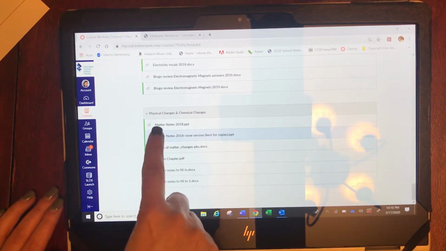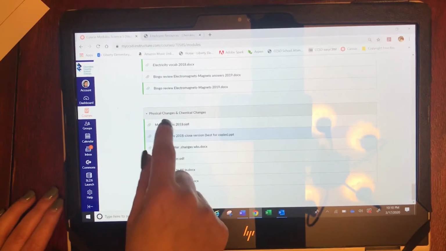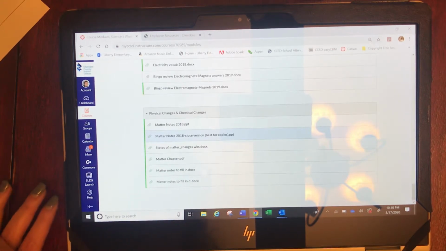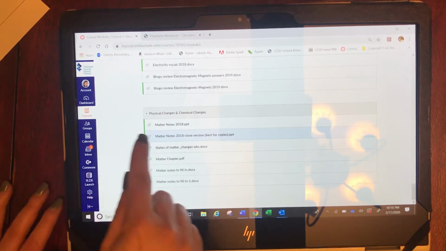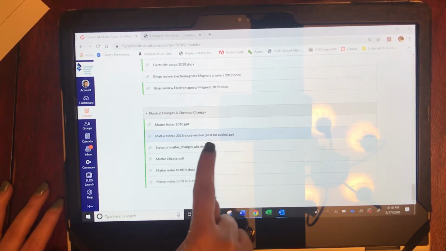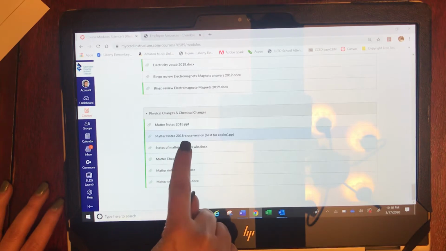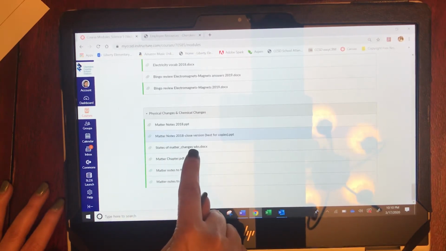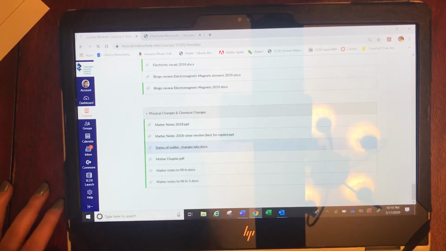Here we have our matter notes, and that went with the open notes where you had to fill in words in the sentences. Then I go to the third one down where it says states of matter, changes, worksheets.